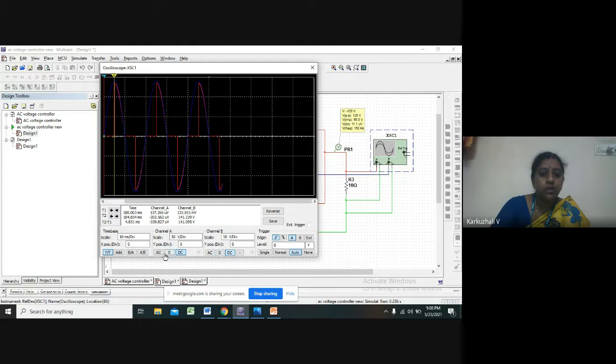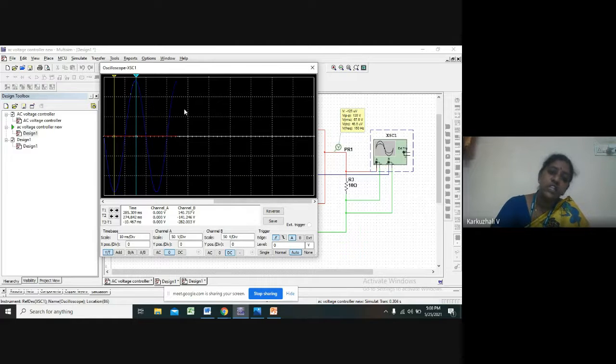Now make it 0 and I will turn off the output voltage and the input voltage alone is seen. So input voltage, you can see it is 141 volt, and you can vary it and find out.